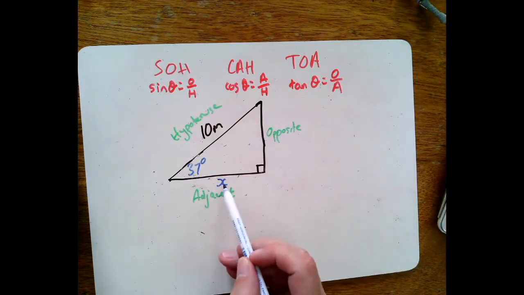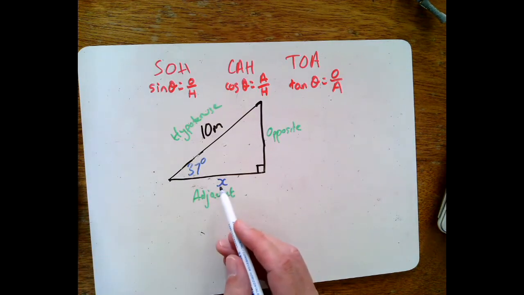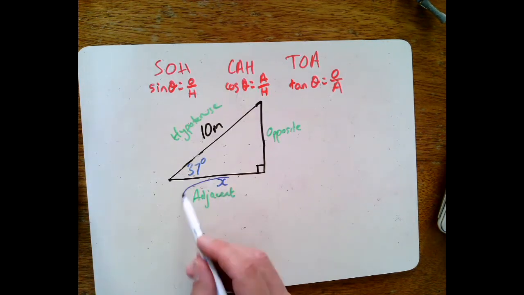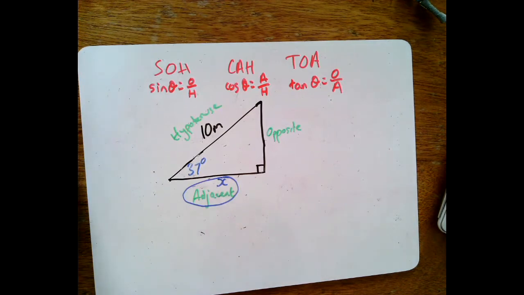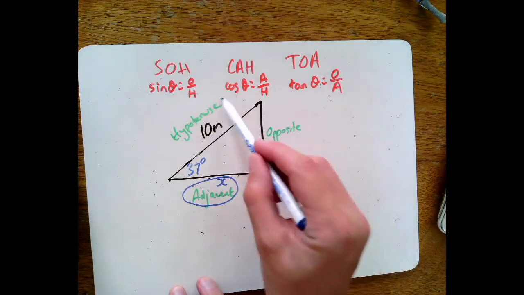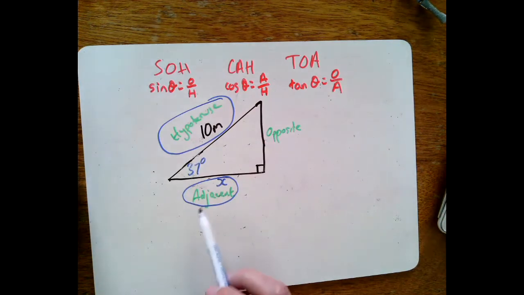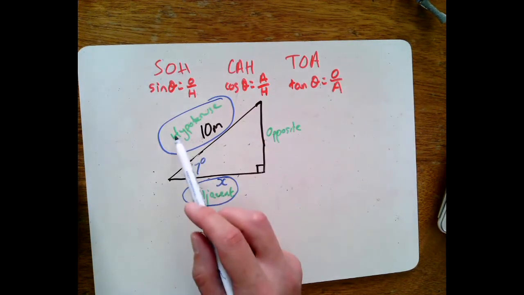Now, where the x is, I've got the adjacent written there. So I know that for the x, I need to be using a formula with the adjacent in it. The other bit of information I've got for my triangle is this 10 meters. I'm going to circle that as well, and that's the hypotenuse. So the two things that I've circled are the adjacent and the hypotenuse.